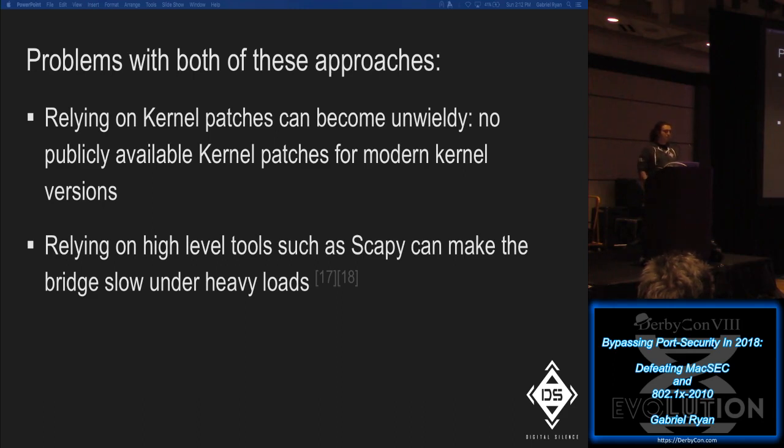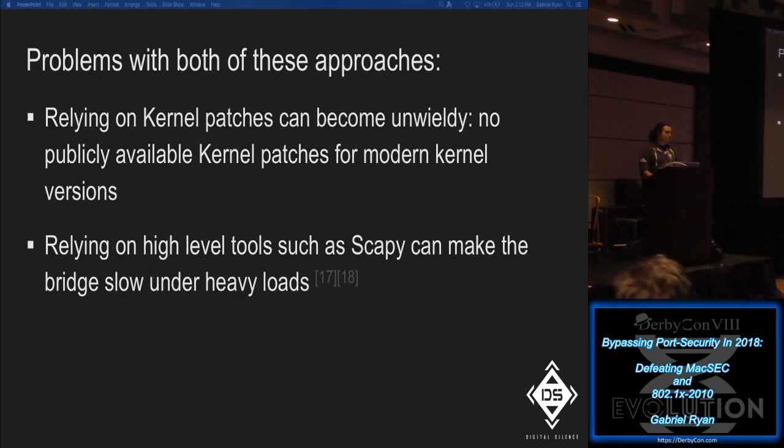Relying on kernel patches is unwieldy: you have to patch your kernel, and someone has to actively maintain that patch. The typical development path of the Linux kernel goes one way, and if you stop maintaining the patch and the kernel starts going the other way, your patch is going to stop working. And actually that happened. There are no publicly available tools or kernel patches that will do this at this time.